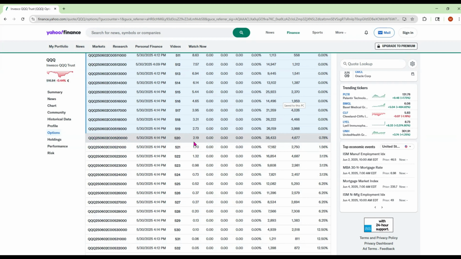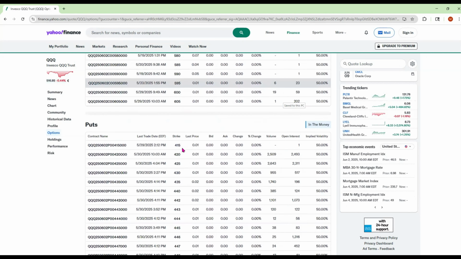The price of that is 2.19, or $2.19, but a contract's option is 100 shares. So you would either get paid or someone would pay you approximately $219 to sell them 100 shares of QQQ at the end of today for $520.